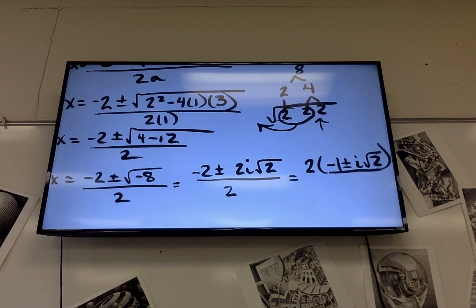All over 2. Now these 2's I can cancel. We end up with -1 plus I times the square root of 2.